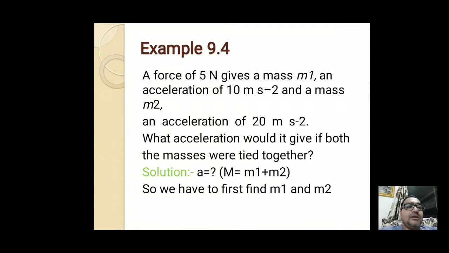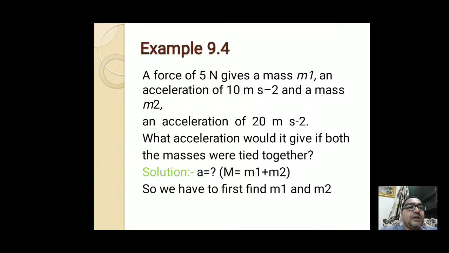So here we have to find the acceleration a, and in which situation we have to find a, where both the masses were tied together. It means we have to find m1 and we have to find m2, and we have to do the sum of those masses, m1 plus m2, and when it comes capital M, then afterwards, having found this capital M, we have to find the acceleration.